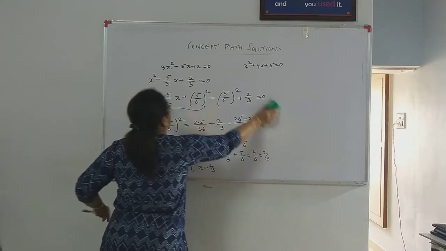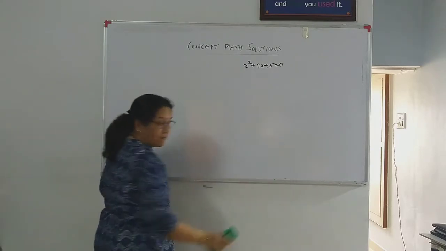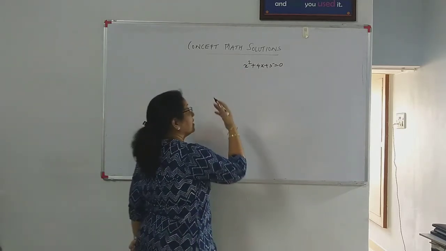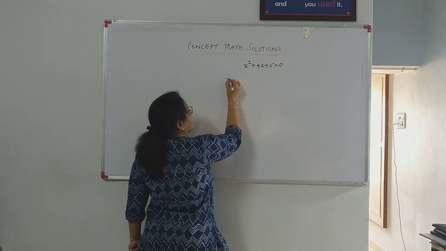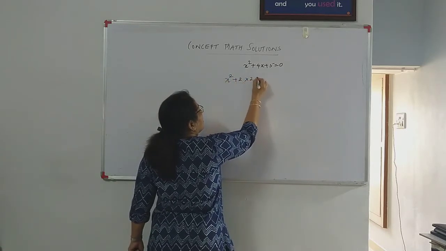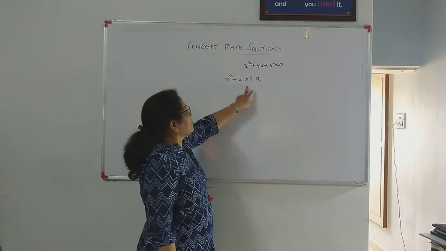Observe this, what happens. Suppose I have coefficient of x² as 1 now. So I need not divide by anything. So a² + 2ab, 4 can be broken up into 2 into 2, right?